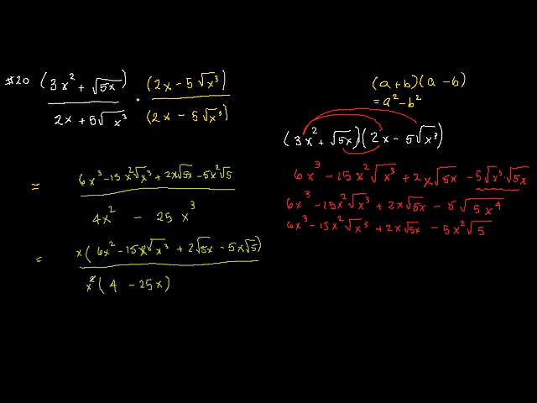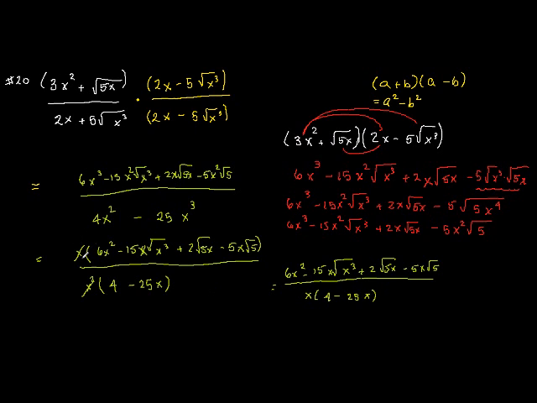Now I've got an x on top and an x squared on the bottom. I can reduce this a bit further, so what I'm left with is that very long and annoying bracket to write, 6x squared minus 15x times square root of x cubed plus 2 times the square root of 5x minus 5x root 5 divided by x times 4 minus 25x.